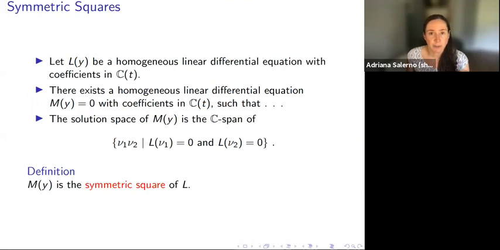Another thing I want to tell you about, just to get the ideas established of where we're going, is the idea of a symmetric square. This is sort of a tangent.